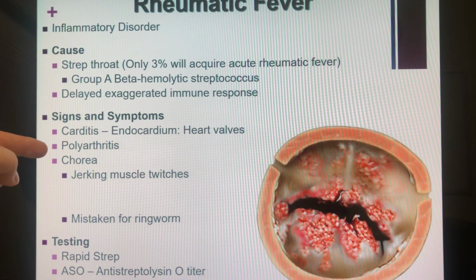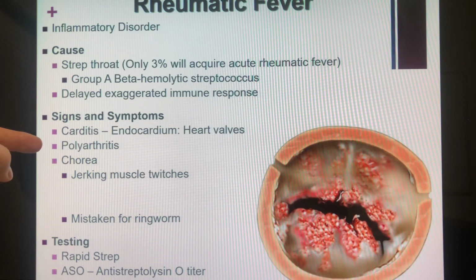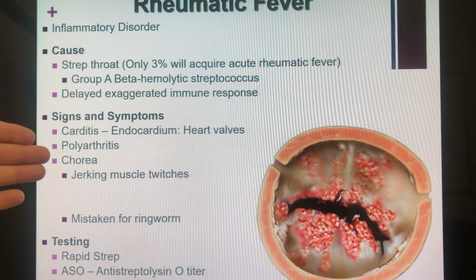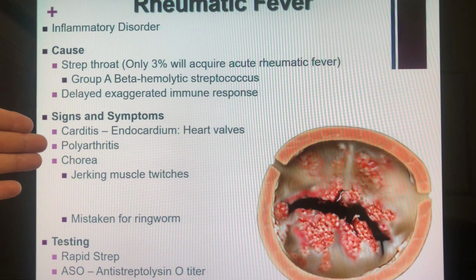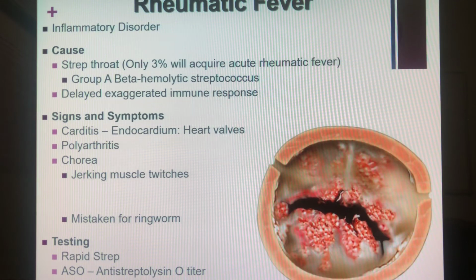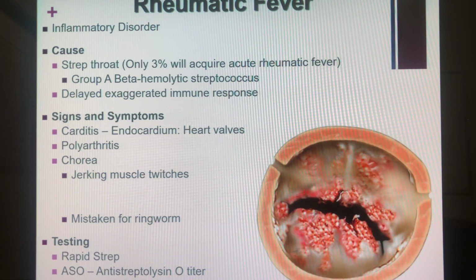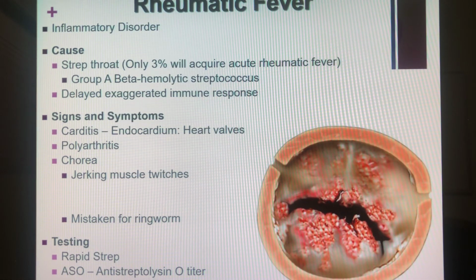Maybe they're coming in for arthritis and you realize that they also have carditis. Or maybe they're coming in for carditis and then you realize after getting a good history that they also have arthritis in many different places in their body. Okay, it certainly could happen, but try to keep it in mind because you don't want to get too stuck on one symptom and realize that, oh my goodness, we're having this clinical scenario here that is going to point to something like rheumatic fever and the effects of that.